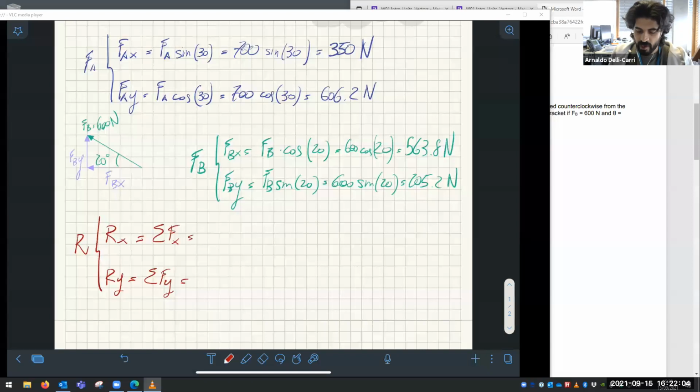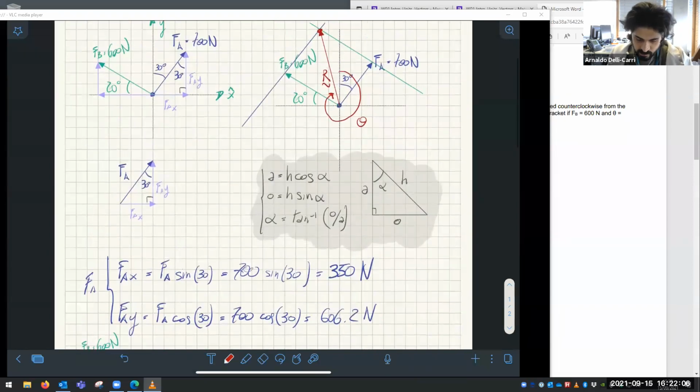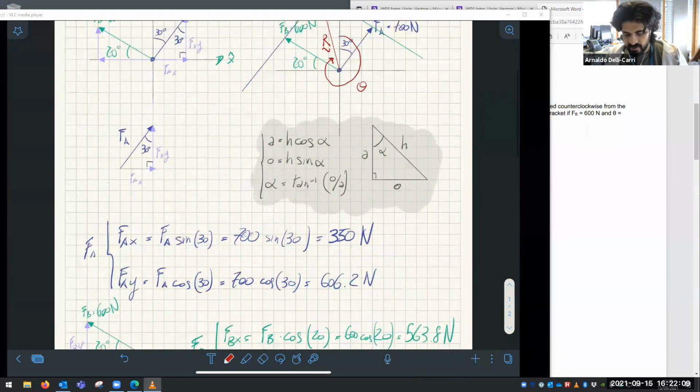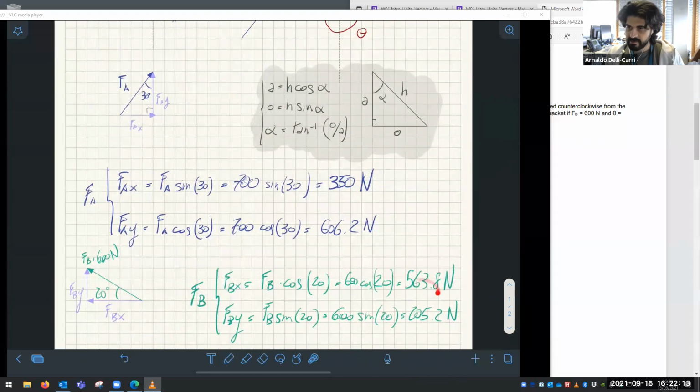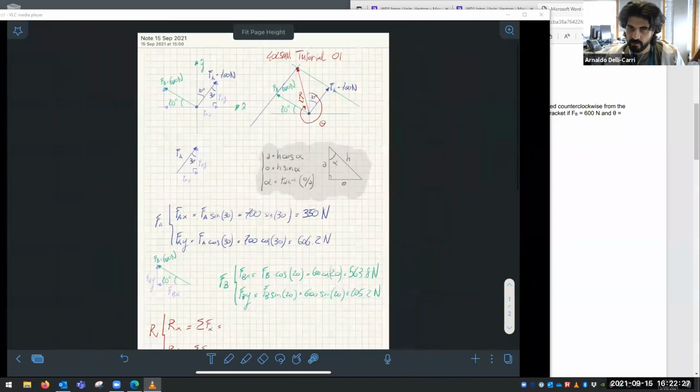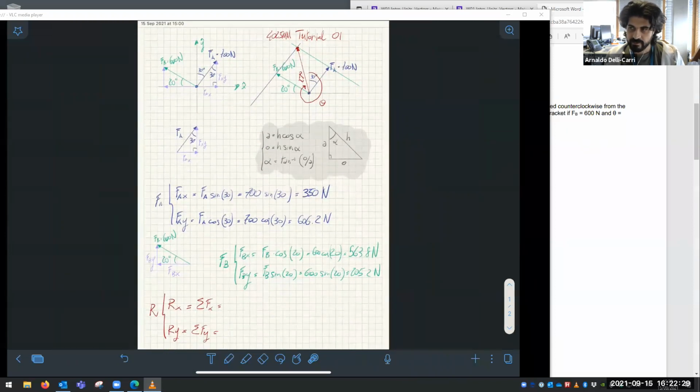Now let's start with the y. No, sorry, let's start with the x. We have 350 and 563.8. So do I sum them or do I subtract them? Have a look. Do I sum them or do I subtract them? Subtract. Okay, subtract means one of them is negative.